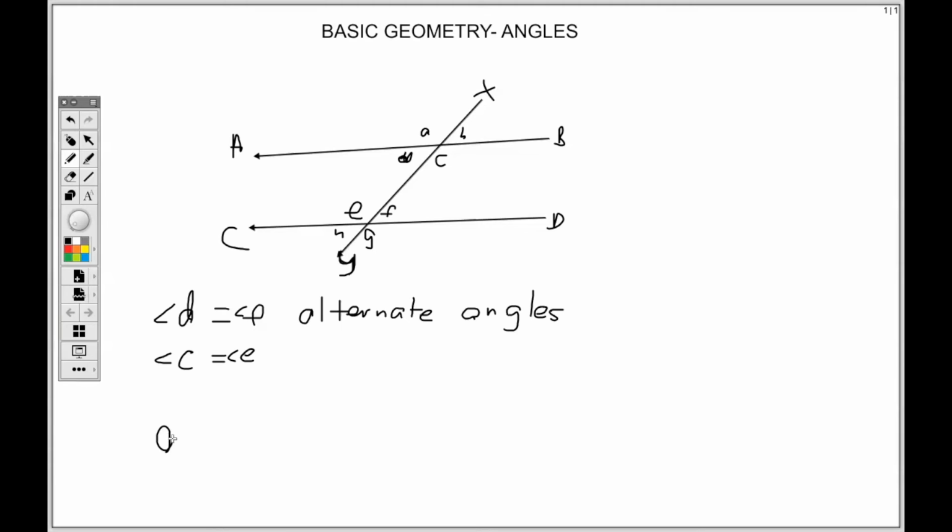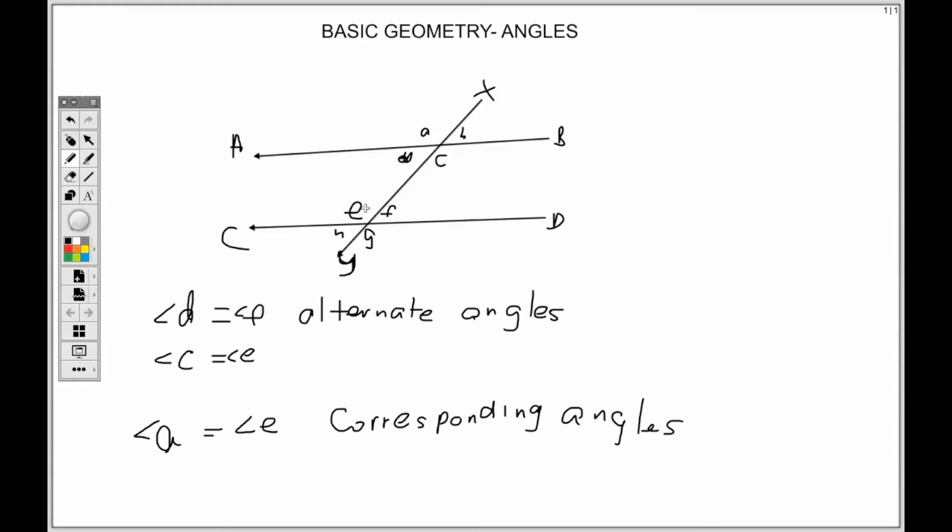Let's look at the corresponding angles. Angle A and angle E are considered to be corresponding angles. But in addition to this, we have three other pairs of corresponding angles.